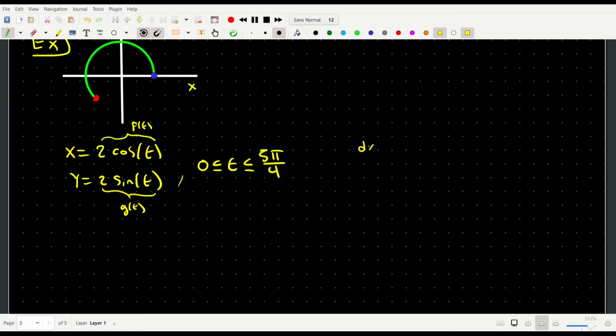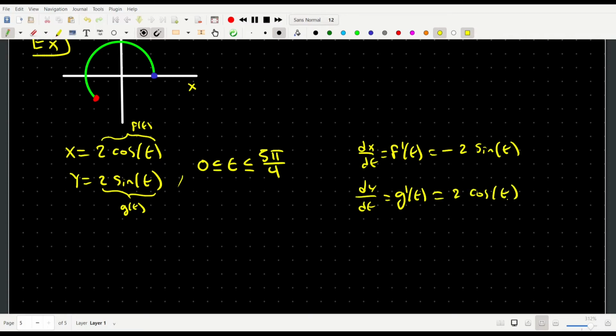So dx dt will be f prime of t, which is going to be negative 2 sine of t. dy dt is going to be g prime of t, which is going to be 2 cosine of t.